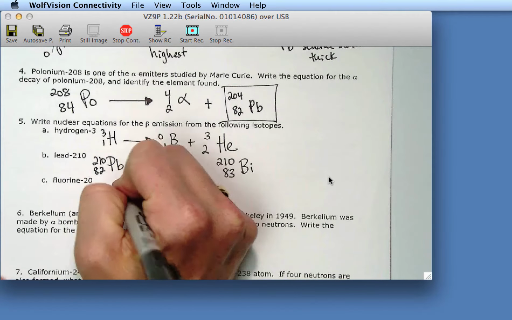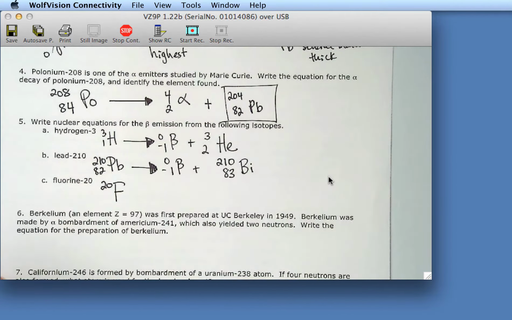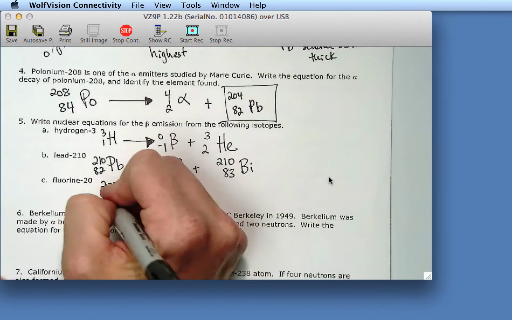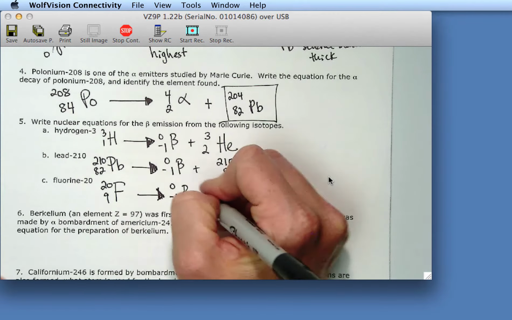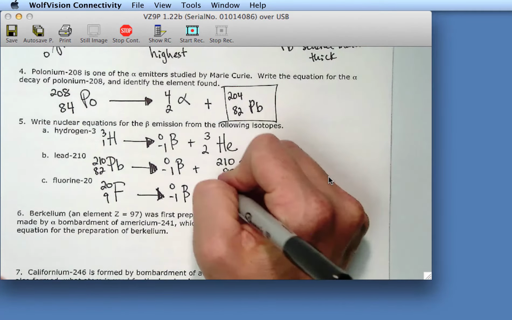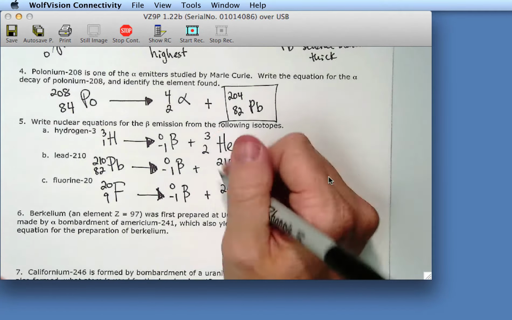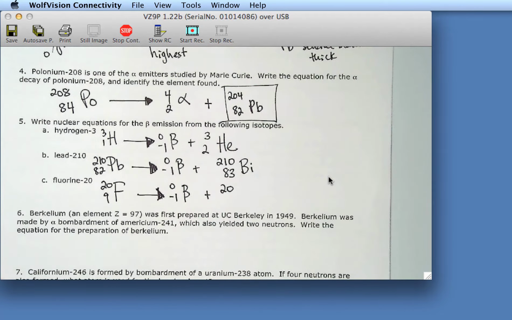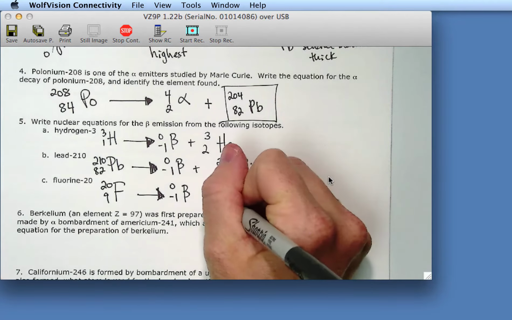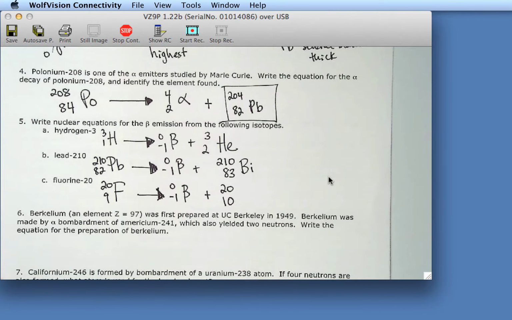Fluorine-20, atomic number 9. So 20. What's my atomic number going to be? 10. So neon.